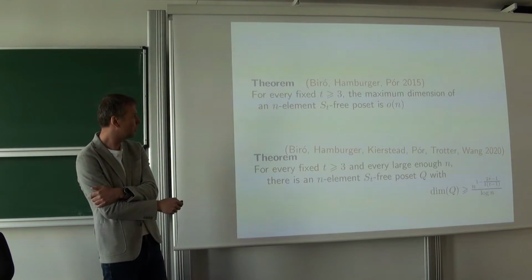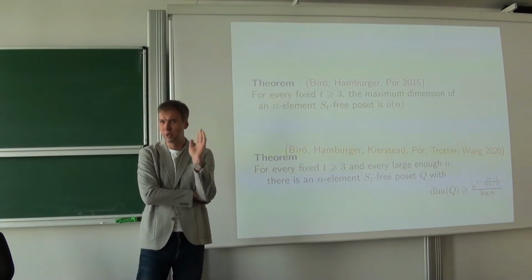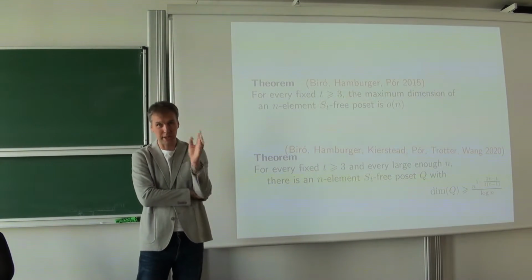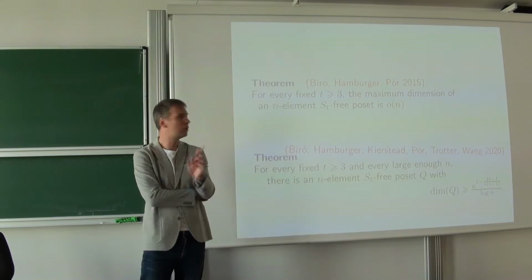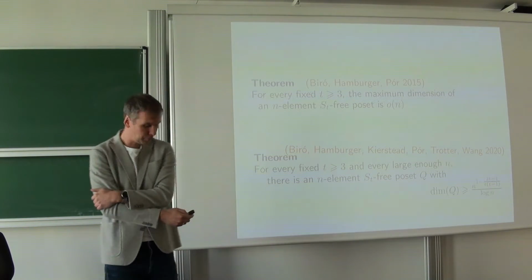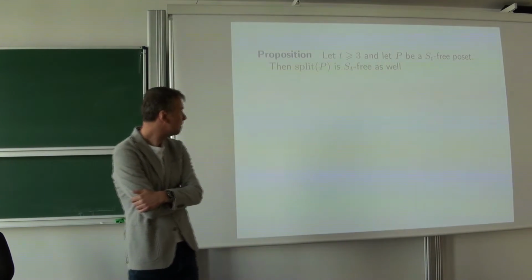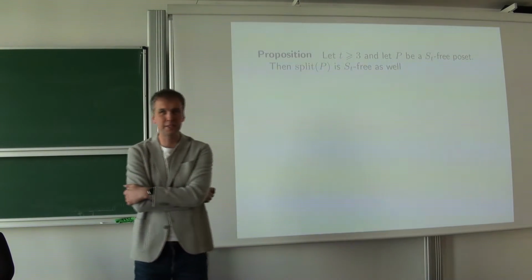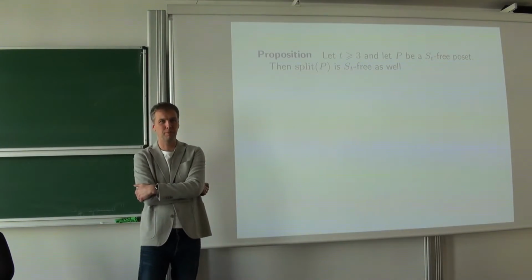If we are talking about S_2-free posets, as I discussed at the last lecture, we know better. This actually coincides with interval orders. We exactly know the maximum dimension there, which grows like log n. So this is really about t greater or equal 3, and in that case, if we don't have S_t in the original poset, we don't have it in the split.